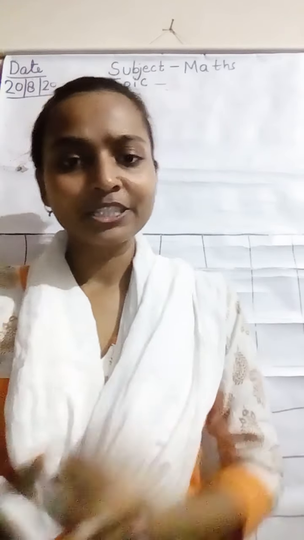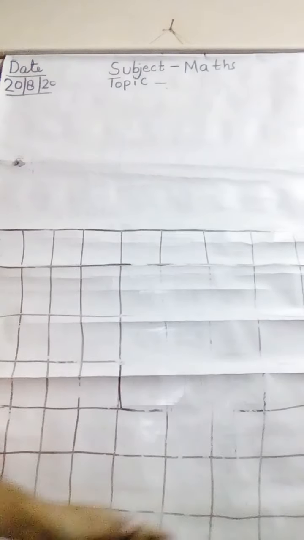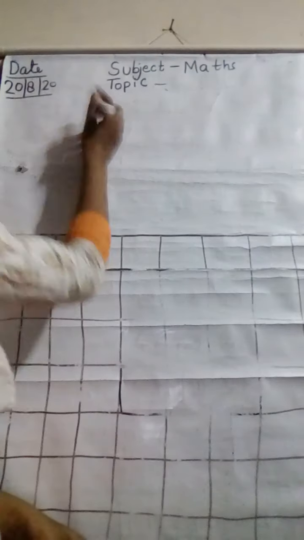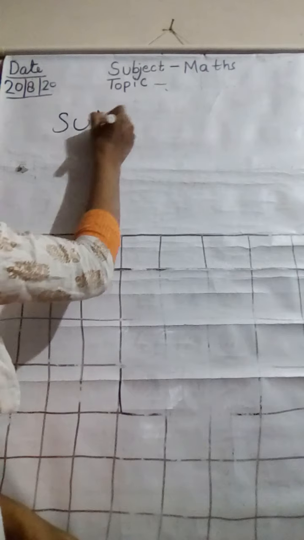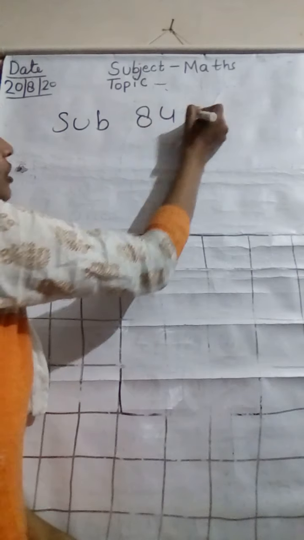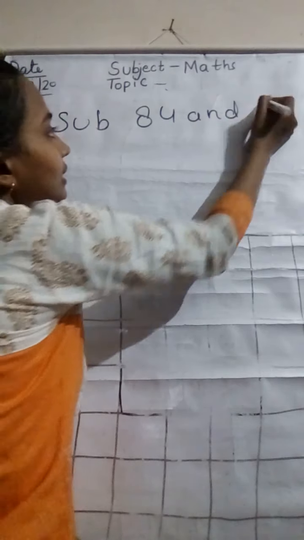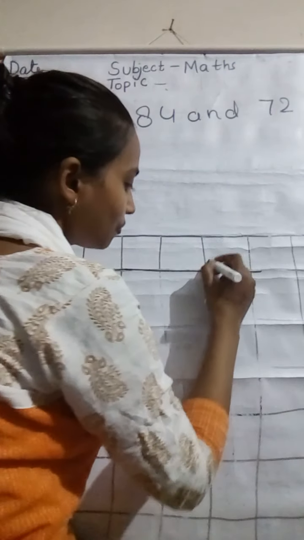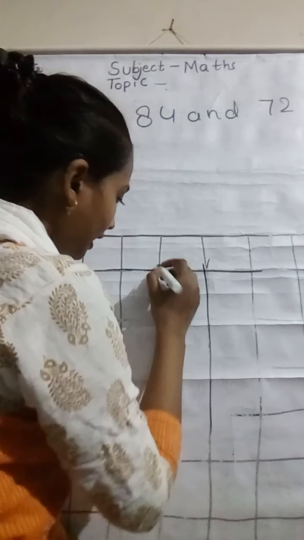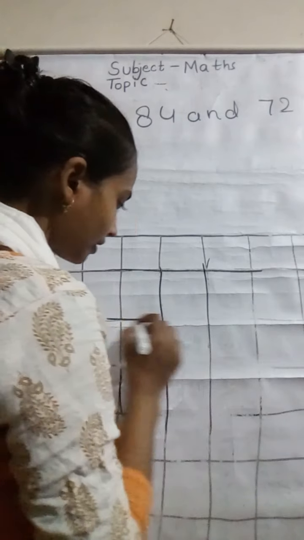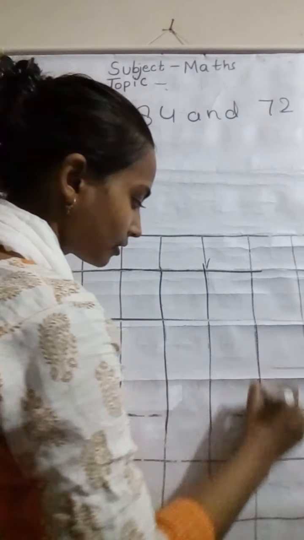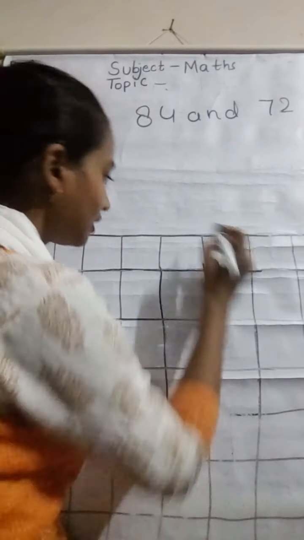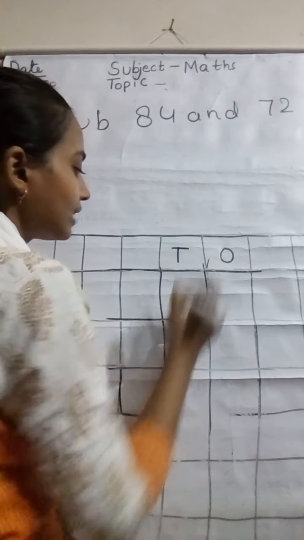This is one digit. Now children, if I give you the question, subtract 84 and 72, we subtract ones, tens.